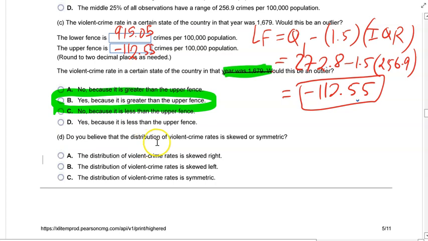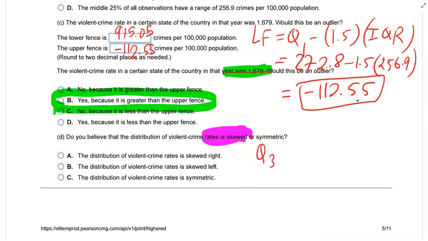Do you believe that the distribution of the violent crime rate is skewed or symmetric? Of course, the violent crime rate is skewed. But you have to see what direction it's skewed. There is a way to check it. You find Q3 minus Q2, and you find Q2 minus Q1.